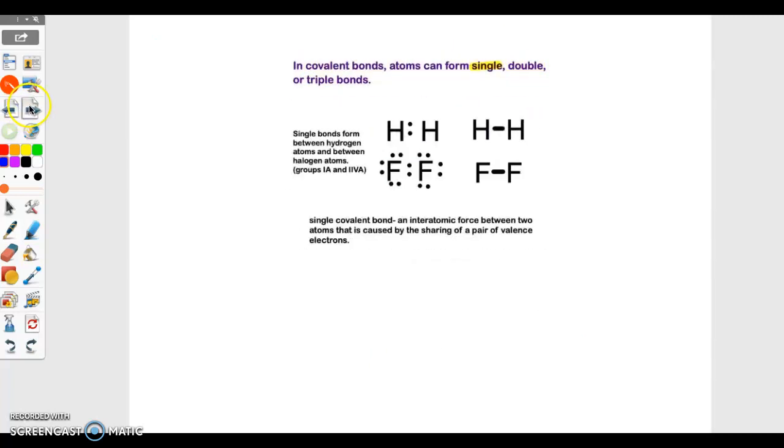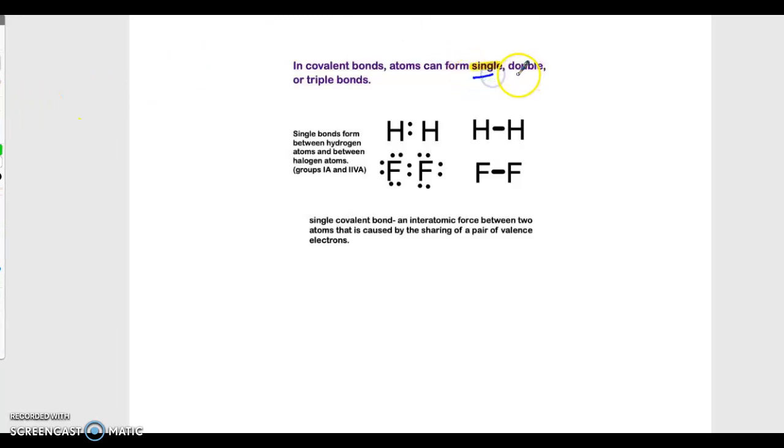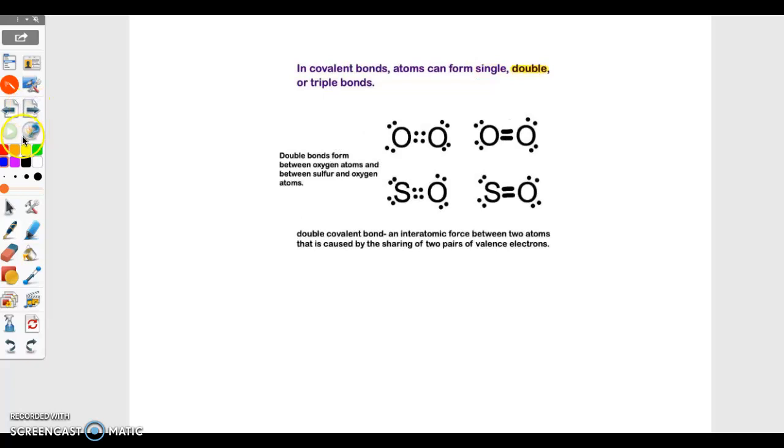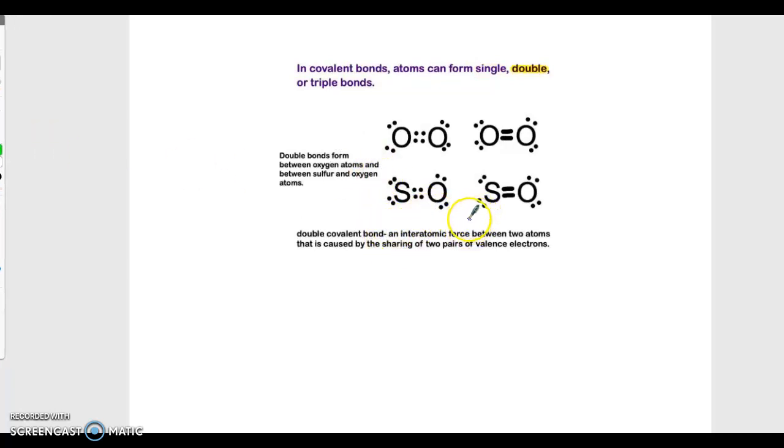In covalent bonds, you can have a single bond, double bonds, or triple bonds. And so what we're running into on our Lewis structure right now is that there is a multiple bond in our structure. So let's take a little side trip and talk about what that means.